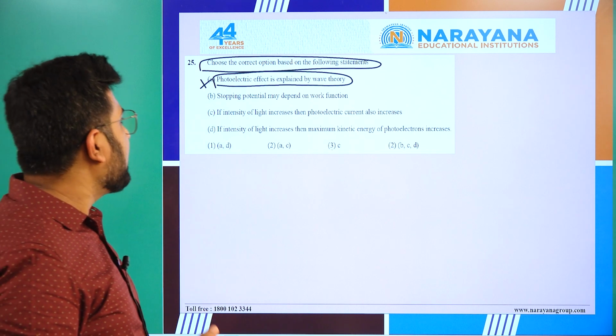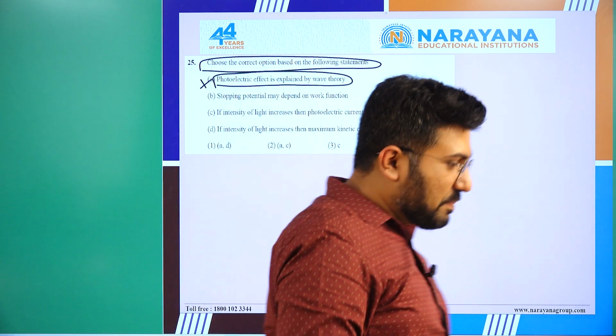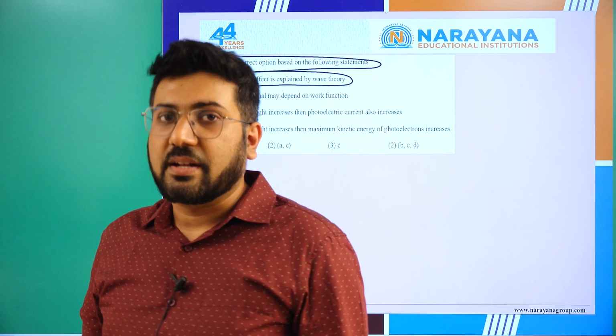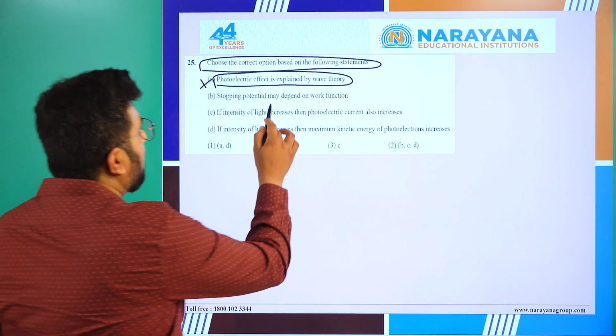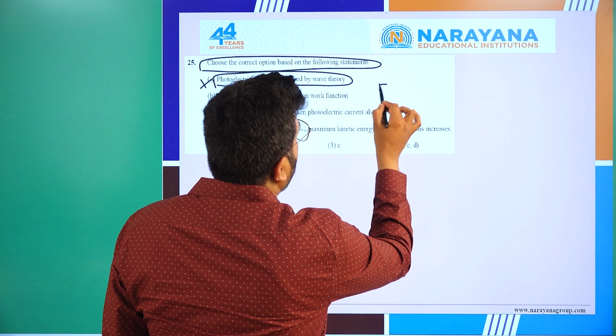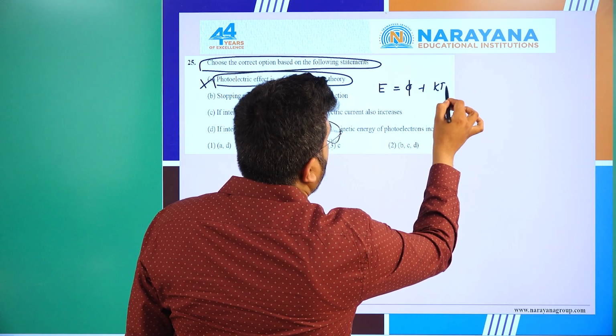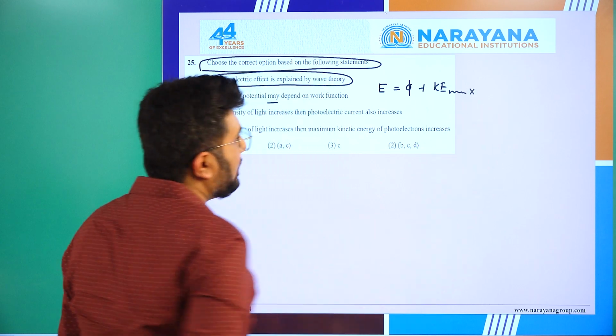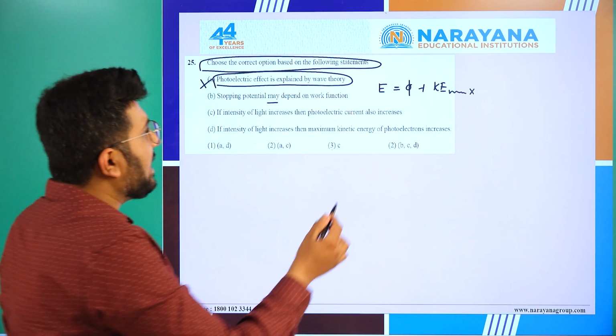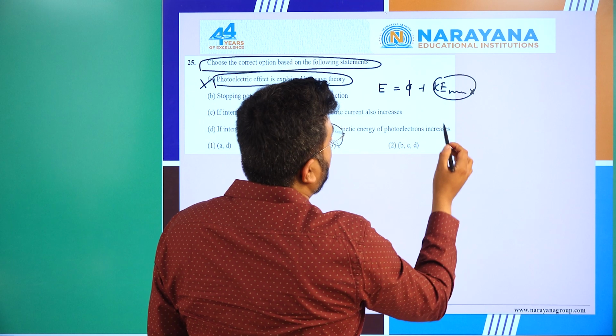The second statement is that stopping potential may depend on the work function. Now they have written the word may, but by Einstein's photoelectric effect equation, E equals phi plus Ke max, and Ke max is directly related to the stopping potential.